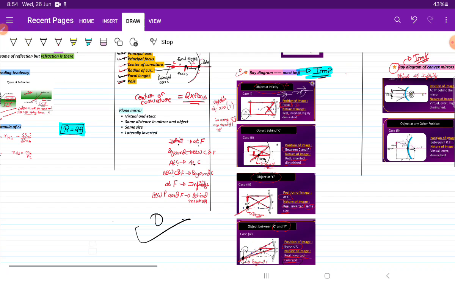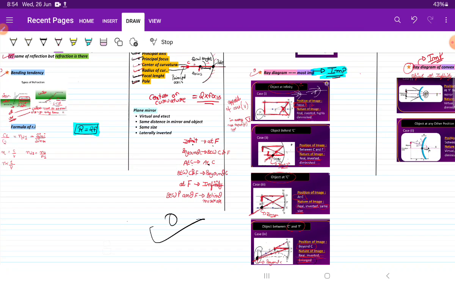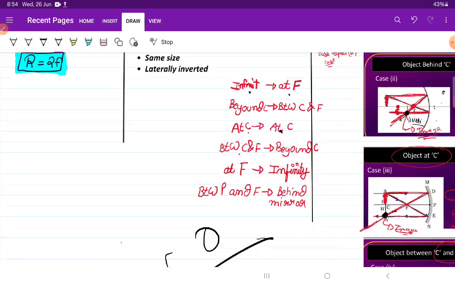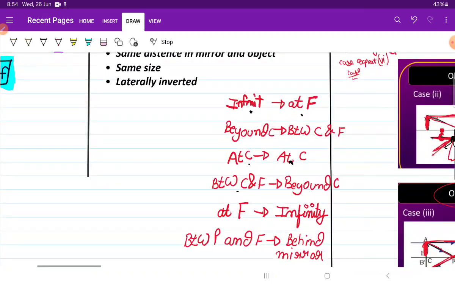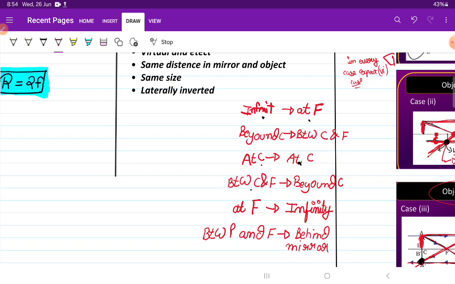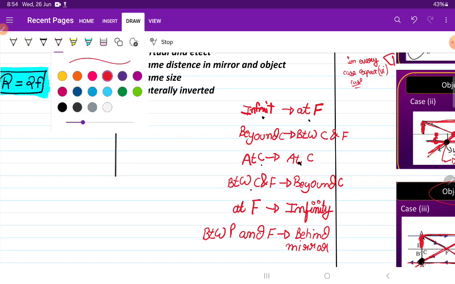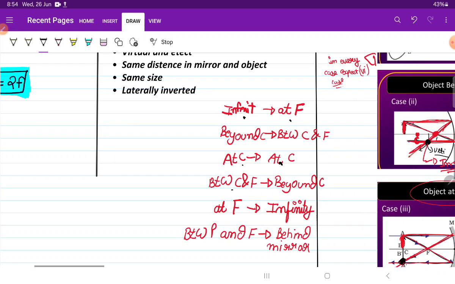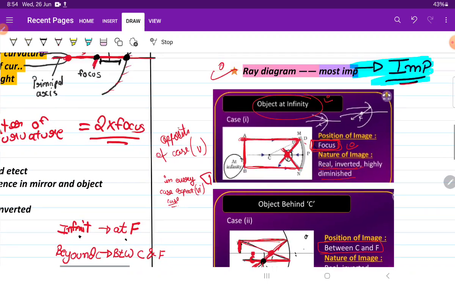Now I know that you all felt difficulty remembering the position of the object as well as the position of the image. So for you all, I have made a shortcut tree. First of all, arrange all the positions of the object. What are the positions of the object?